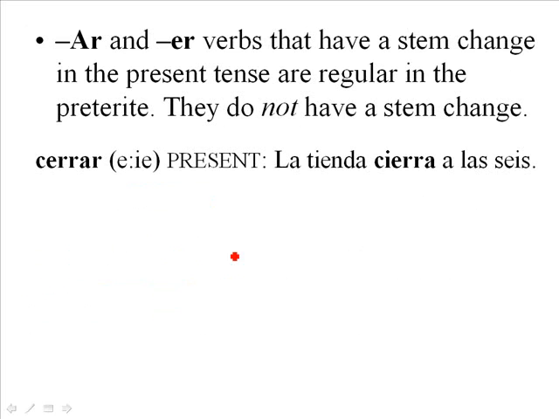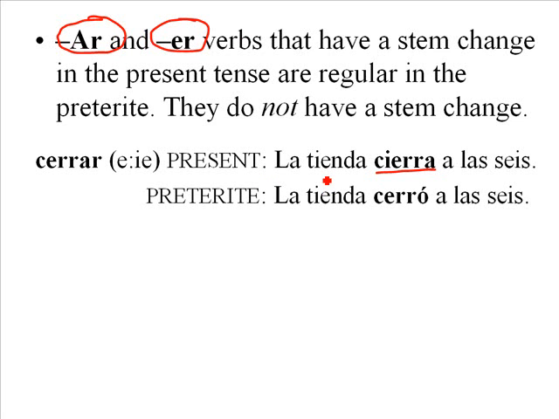Now, in the present tense, we learned stem changers. There are stem changers in the preterite, but for now, let's focus on AR and ER verbs, which do not stem change in the preterite. Only IR verbs stem change in the preterite. We'll talk about that a little bit later. Cerrar. En el presente, la tienda cierra a las 6, pero en el pretérito la tienda cerró a las 6.